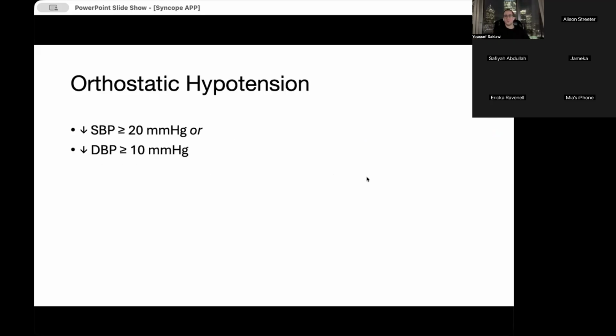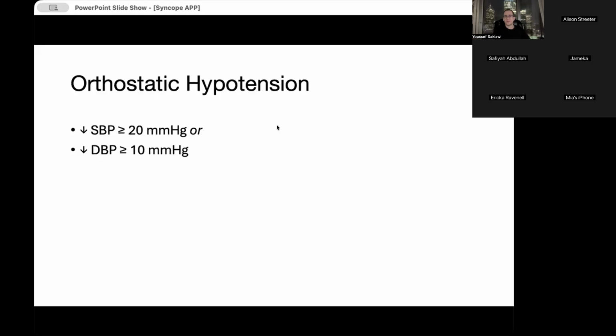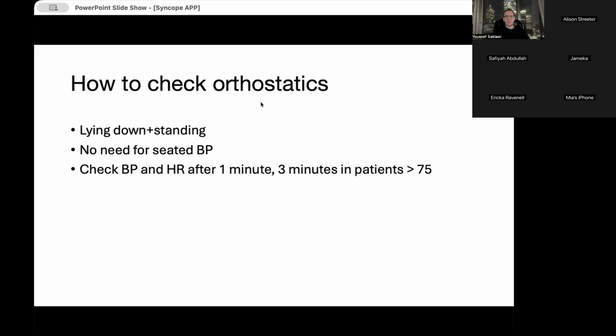Awesome. So orthostatic vitals are defined as a drop in systolic of more than 20, diastolic of more than 10, or an increase in heart rate of more than 30. And how do we check orthostatics? You have them lying down, you check it once, then you stand them up, and you check it again.